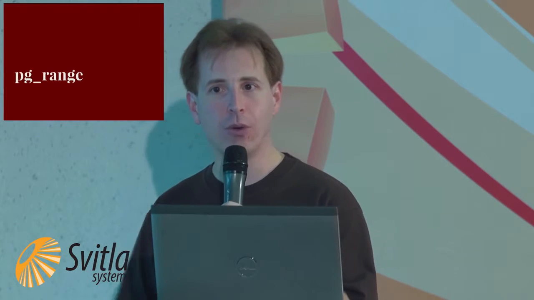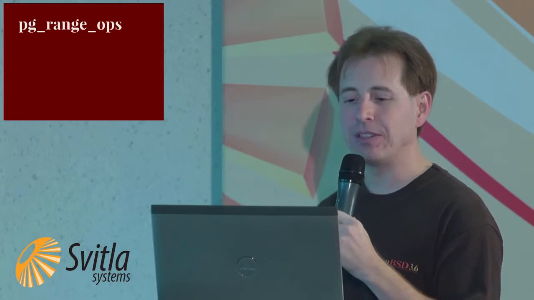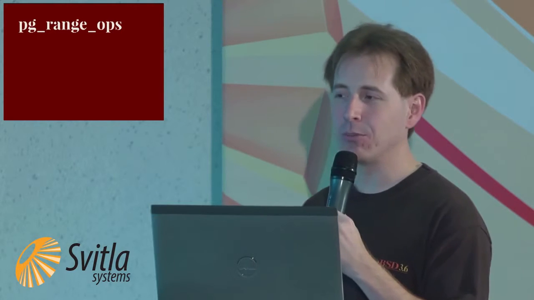Sequel ships with a pg_range extension that enables support for range types, returning Postgres range types as Ruby range-like objects, and allows you to use Ruby ranges to represent range types in your queries. And to make using Postgres ranges easier, Sequel also ships with a pg_range_ops extension that adds DSL support for range operators and functions.